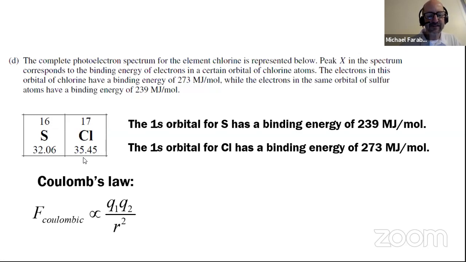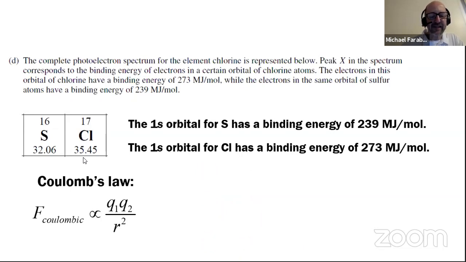Typically, when you're comparing size, you typically have to go down the group. So for example, if I was comparing, let's say, oxygen with sulfur, with selenium, there is a rather significant difference in size as we go down. Here we're talking about two elements that are in the same period.